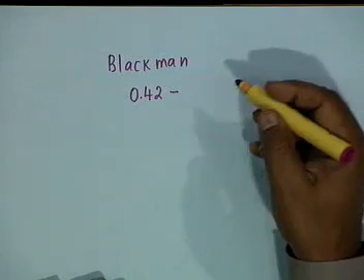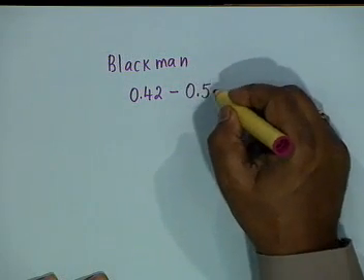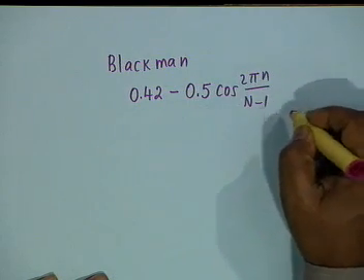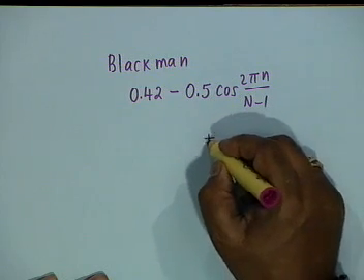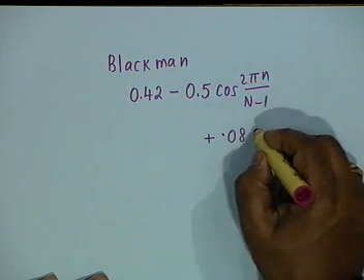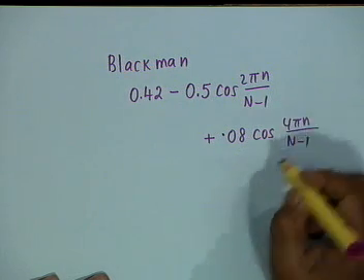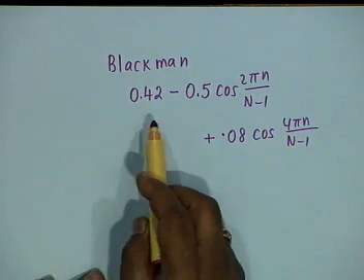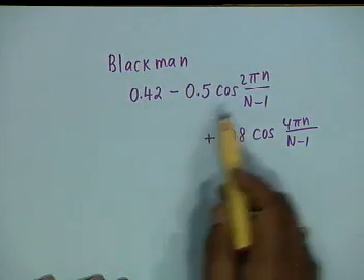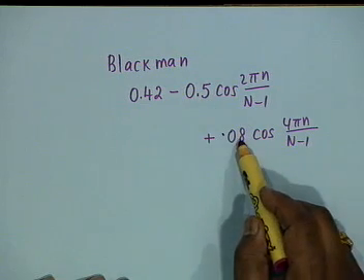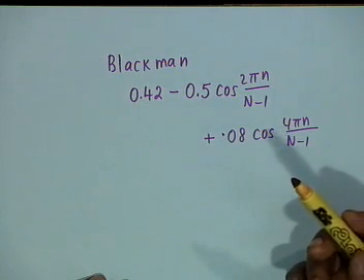That is, Blackman suggested using 0.42 minus 0.5 cosine 2 pi n divided by n minus 1, then plus 0.08 cosine of 4 pi n divided by n minus 1, so that the maximum still remains 1. When small n equals n minus 1 by 2, this becomes plus 0.5, this becomes plus 0.08. So maximum is still 1.